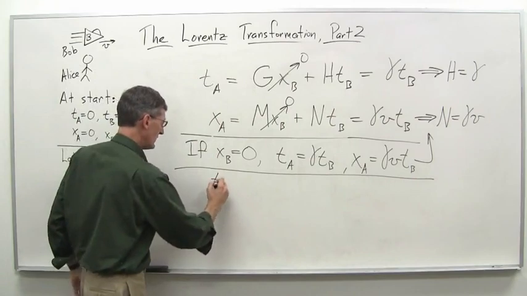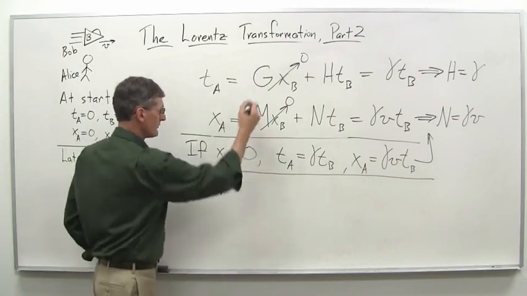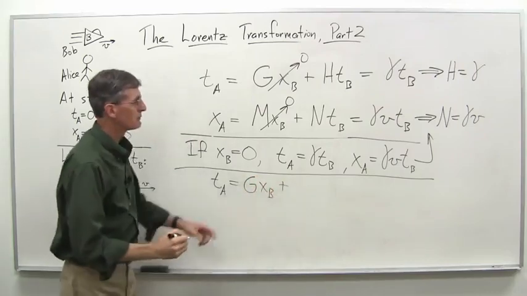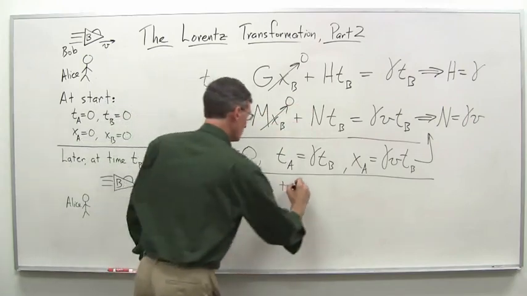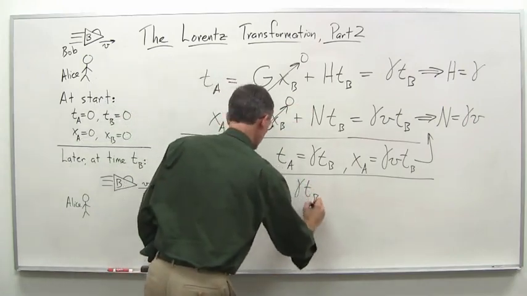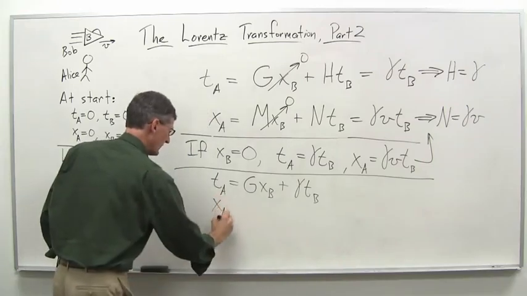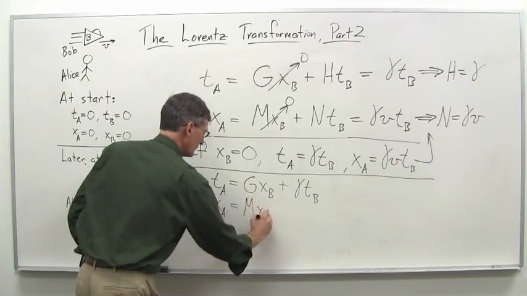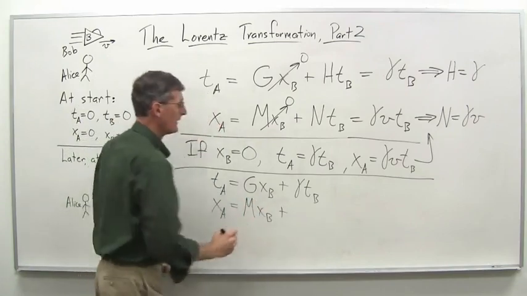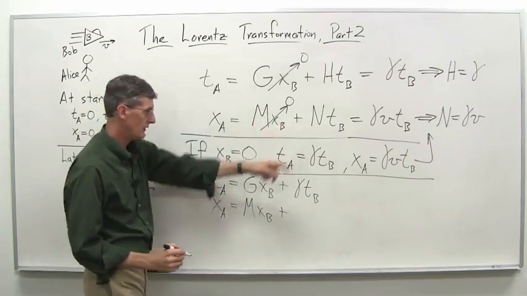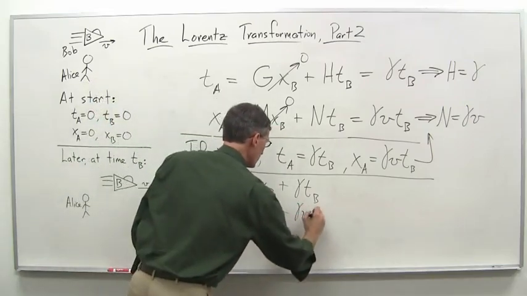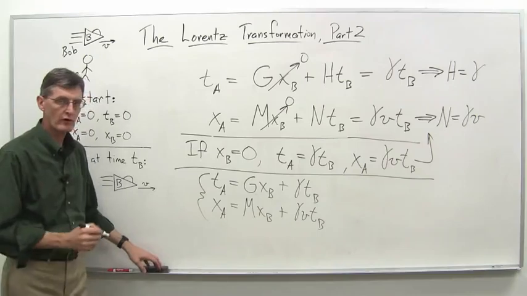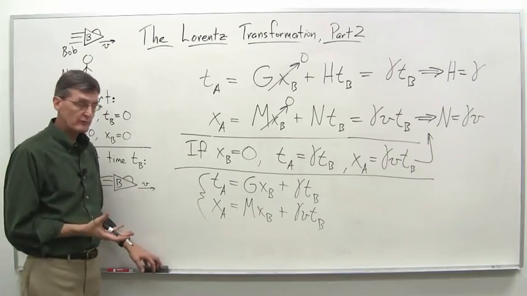We can write, OK, TA equals, we still don't know what G is, G XB plus H, which is gamma, plus gamma TB, and XA equals M times XB plus N, which is gamma V TB. So those are our two Lorentz transformation equations.